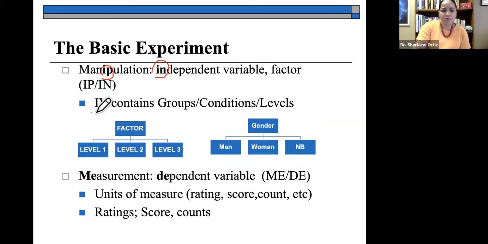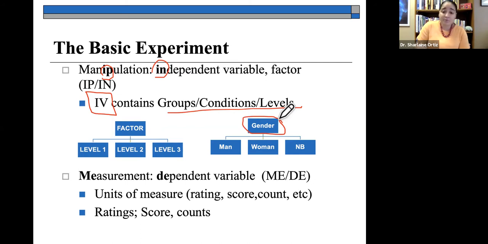Something really important to mention is that independent variables will have something that we call groups, conditions, or levels. And what do I mean by that? Well, let's look at this independent variable here, which is gender, although this would apply better to a quasi-experiment approach, not necessarily a true experiment.